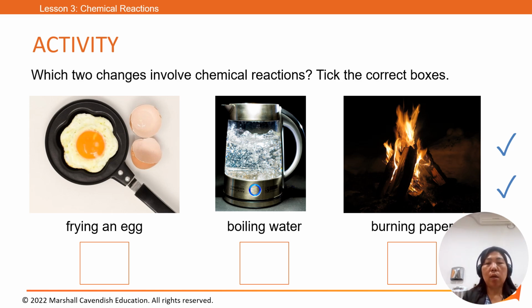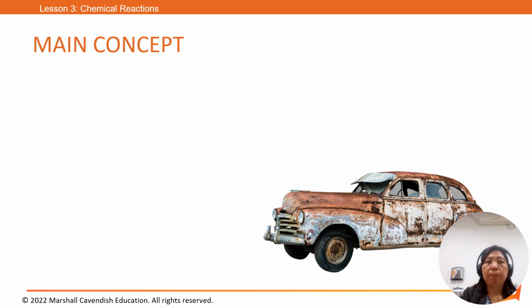Yes, it will turn to ashes. So we can say that is actually a chemical reaction. So from these changes, which ones involve chemical reactions? The answer will be frying an egg and burning paper. Meanwhile, the boiling water should be a physical change.